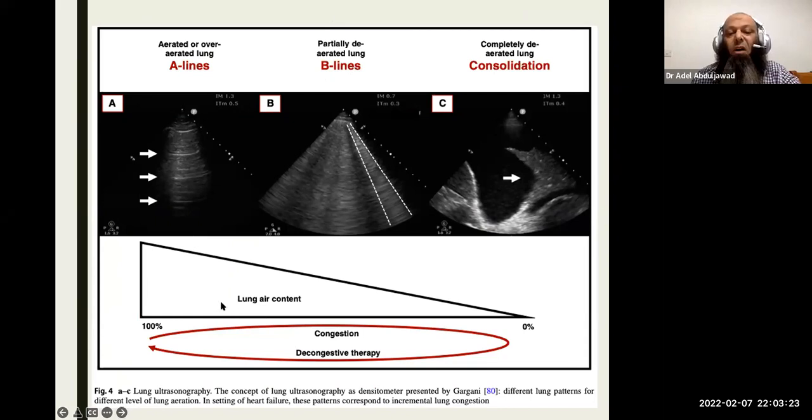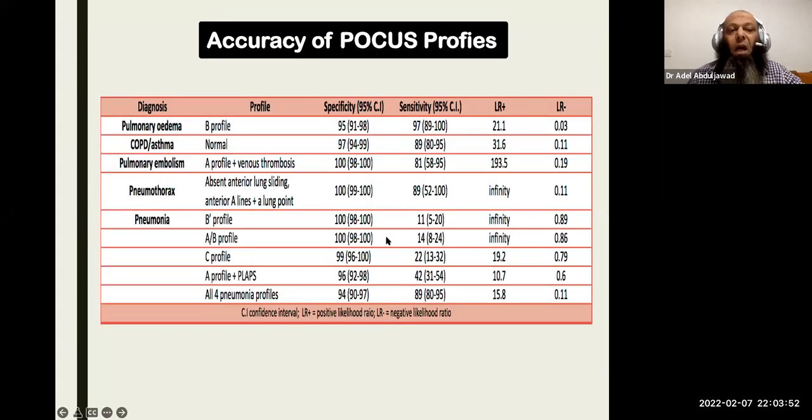And here, according to this very nice illustration, as you go from less aeration to consolidation, this is exactly where point of care ultrasound through the BLUE protocol can help you identify the cause, and also help you initiate fluids or furosemide or diuresis.